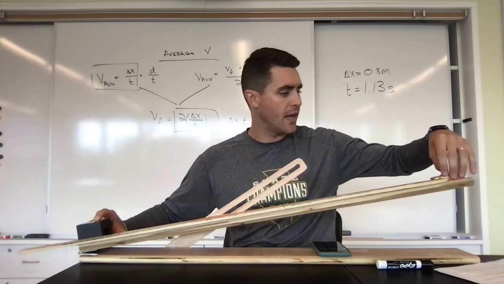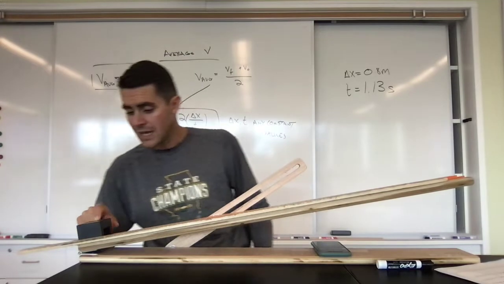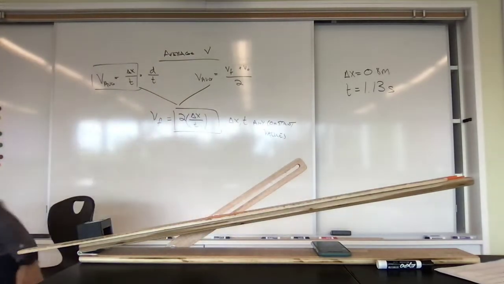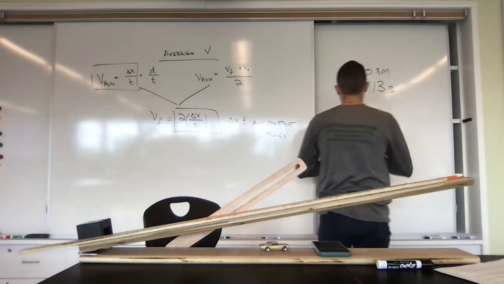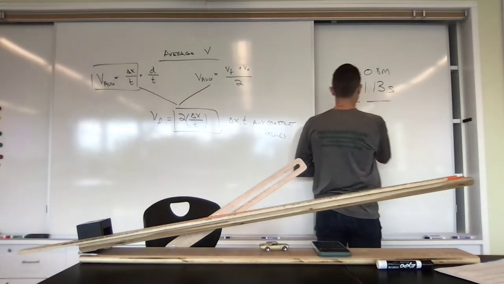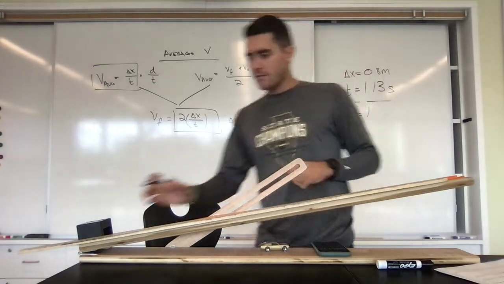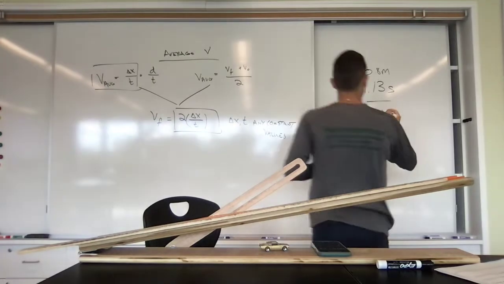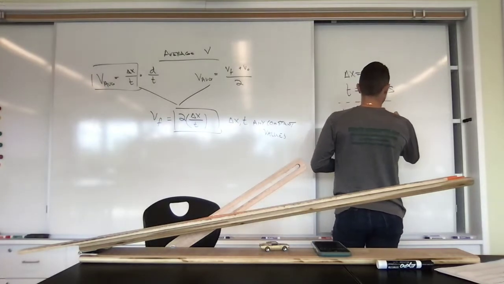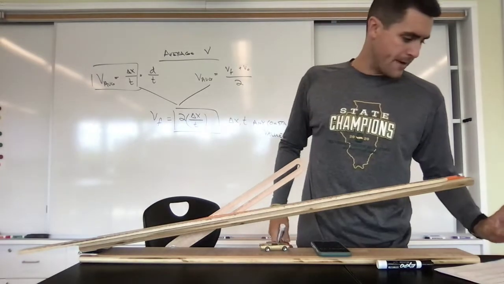That's why it's 0.8 meters. And if I drop it, let's go. I get a measured final velocity of 1.46. You can see it there, 1.46 meters per second. That is my final velocity that I have measured, all right?